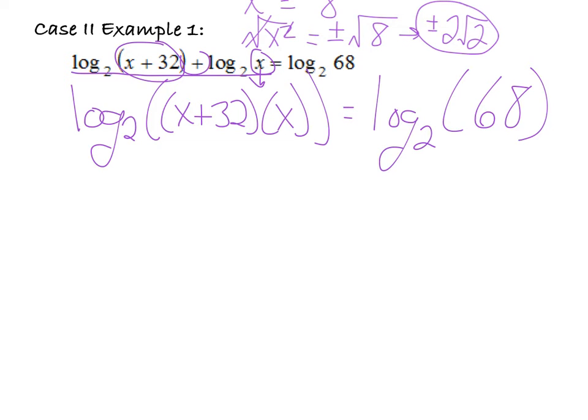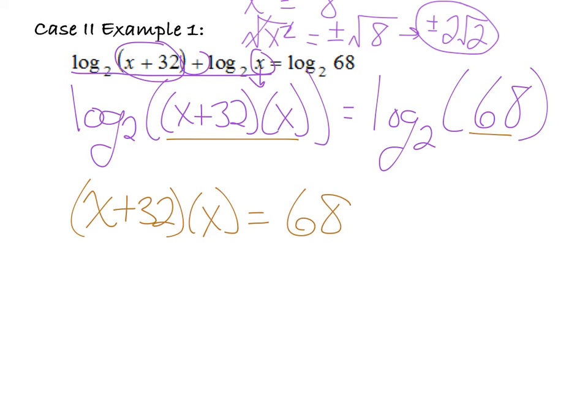Okay? Now, since we have just a log base 2 equals a log base 2, that one-to-one property tells us that whatever's inside of here, whatever my logs of are, must also be equal to each other. So I have this guy equals this guy, and then I can go through and solve.